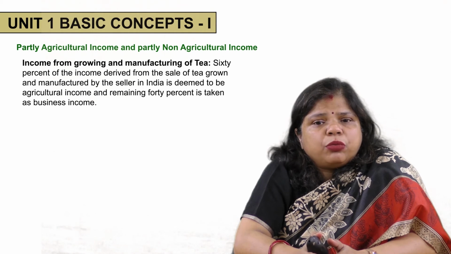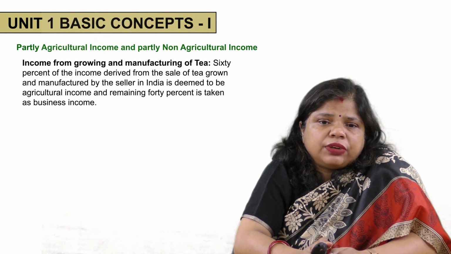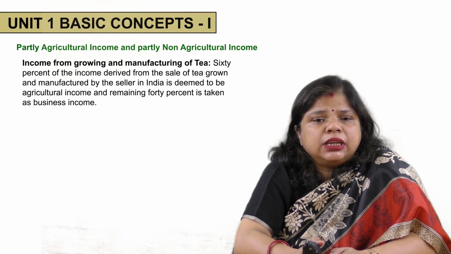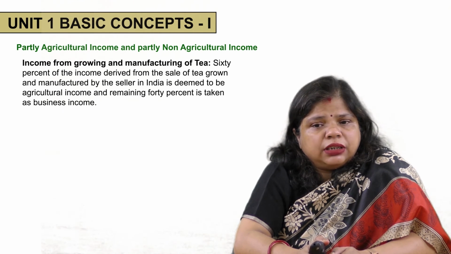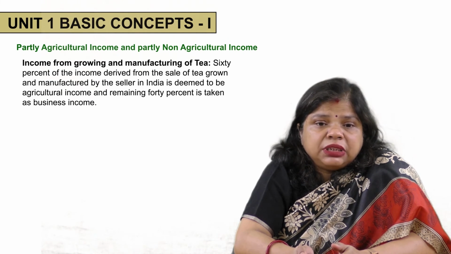Second is income from growing and manufacturing of tea. 60% of income derived from sale of tea grown and manufactured by the seller is deemed to be agricultural income and the remaining 40% is taken as business income.